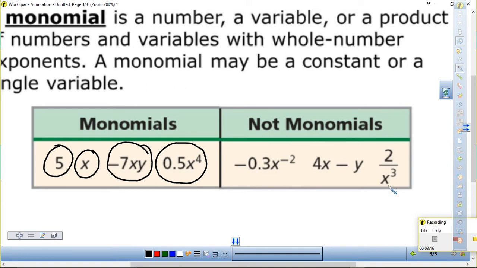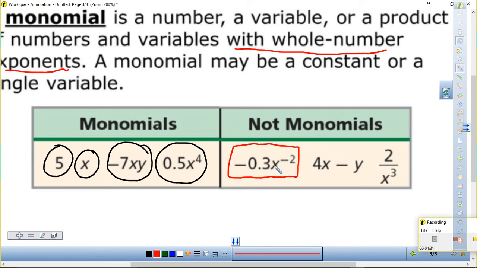Okay, let's see. Let me get started with this one. Colton, why is this not a monomial? According to the definition, why is this not a monomial? What's not a whole number? Okay, with whole number exponents.